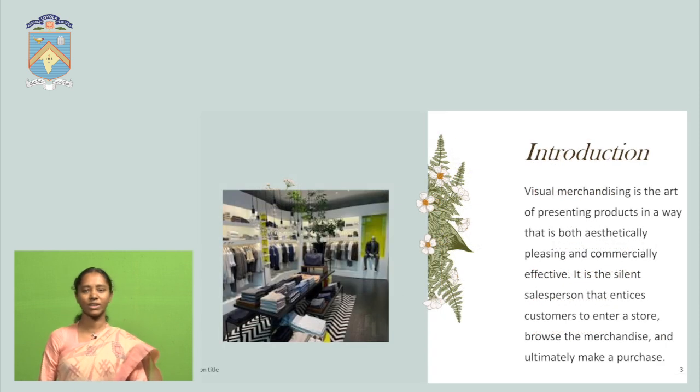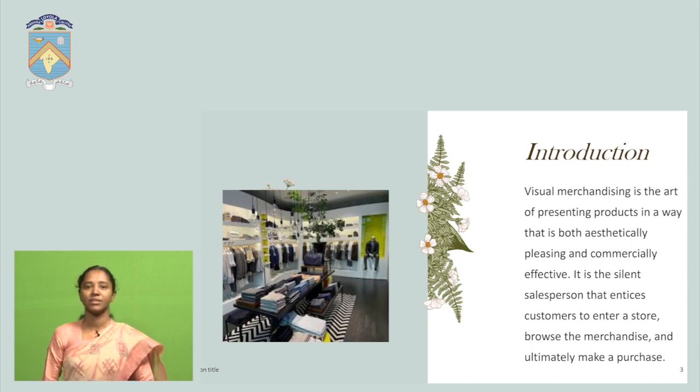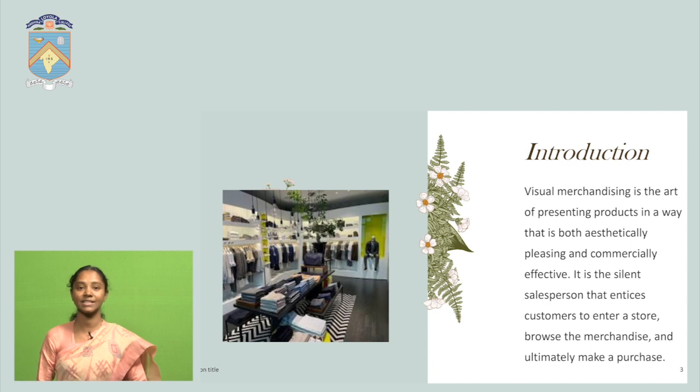First of all, what is visual merchandising? We have to understand. Visual merchandising is the art of presenting products in a way that is both aesthetically pleasing and commercially effective. What does it mean? Visual merchandising is basically a silent salesperson. Why?